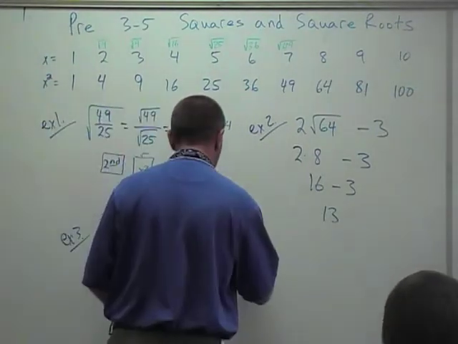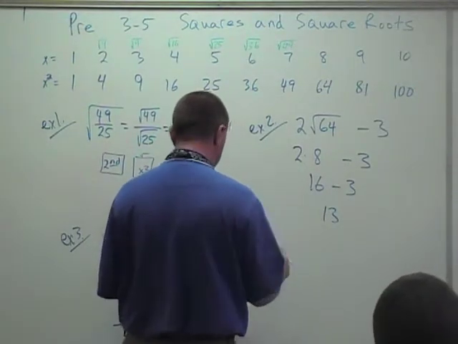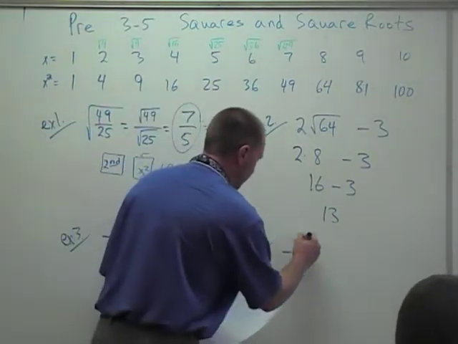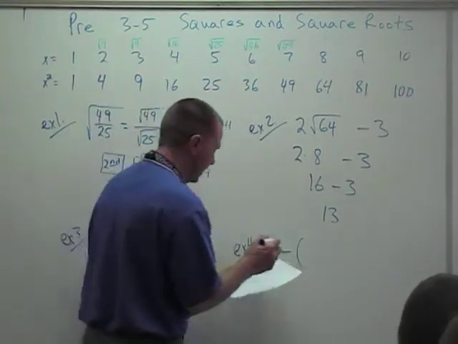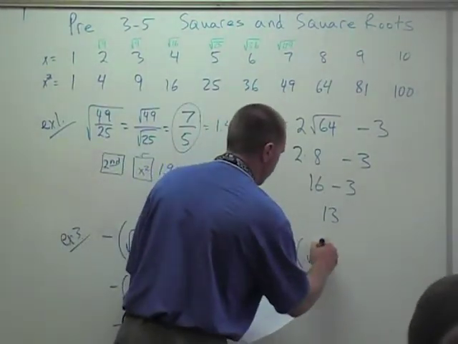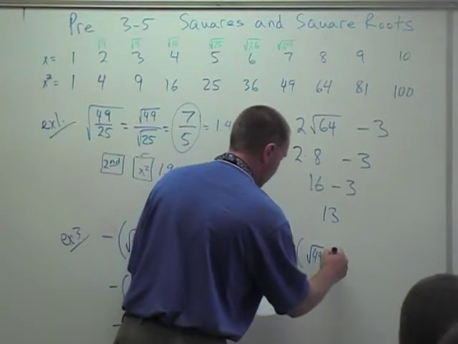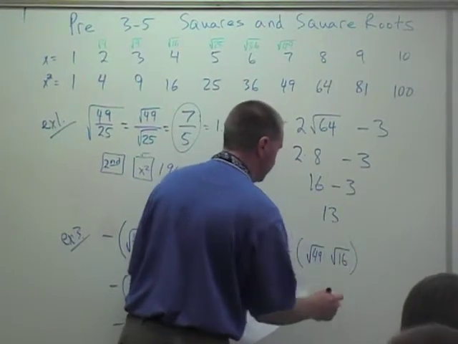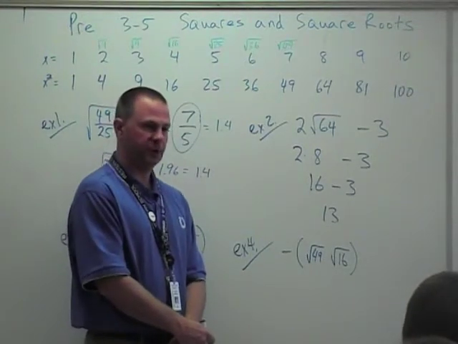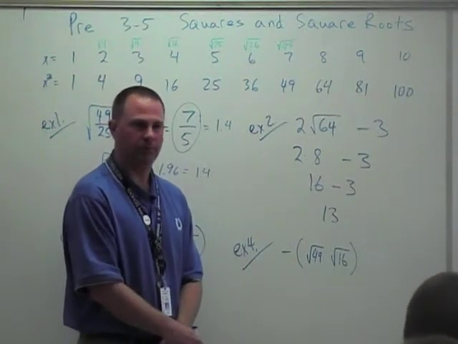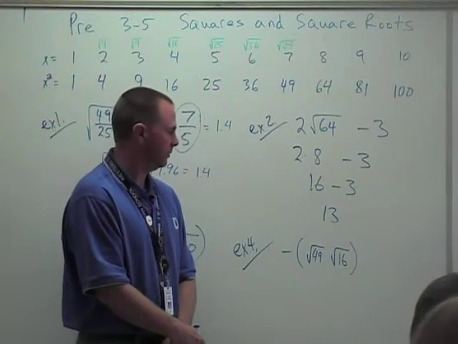Example 4, and then we're done. If there's no negative there, then no big deal. But the negative's on the outside. The negative of the square root of 49 times the square root of 16. I have one more example after this I'm going to show you for your benefit.